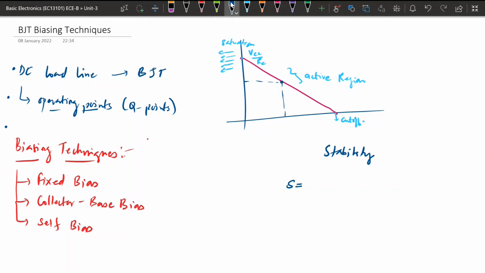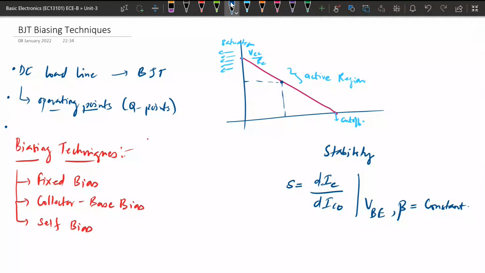The stability factor S is defined by del IC divided by del ICO, where VBE and beta, these two parameters, will be constant. We are just considering that because of temperature there is a variation in ICO. If ICO is varying, the collector current will be affected based on the ICO.